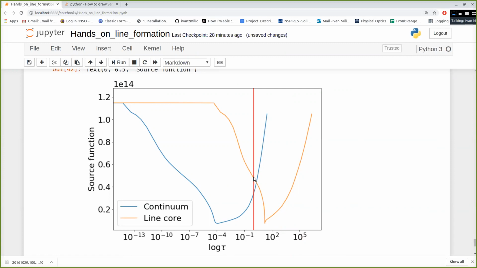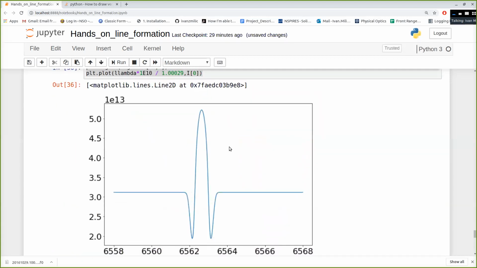Now what you can say is that my optical depth equals 1 for the continuum is at some point, and it sees a source function which is lower than the source function at the point where optical depth is equal to 1 in the line core. Hence, my line core is stronger than my continuum value, right?